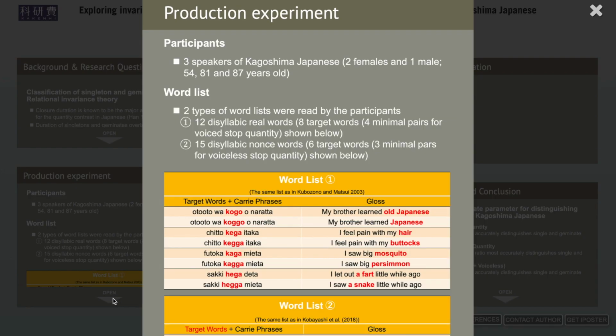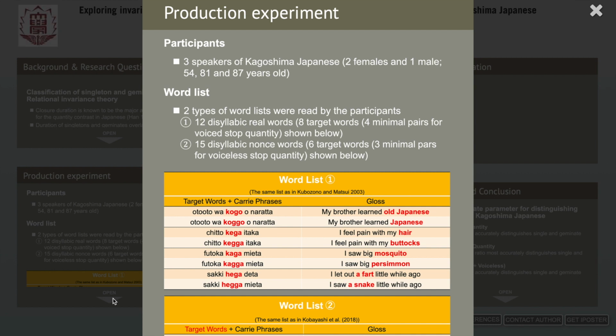So here's the detailed information of our production experiment. We have 3 participants, 2 female and 1 male speakers of Kagoshima Japanese, and they are 54, 81 and 87 years old respectively.